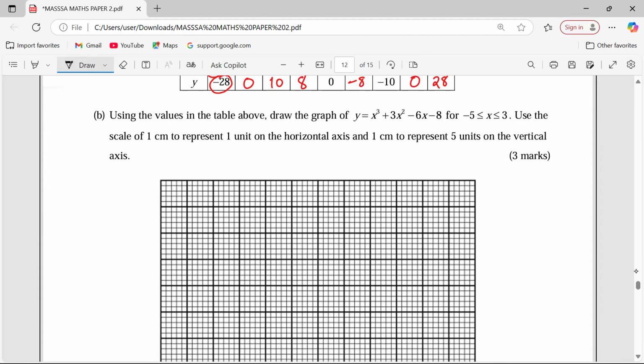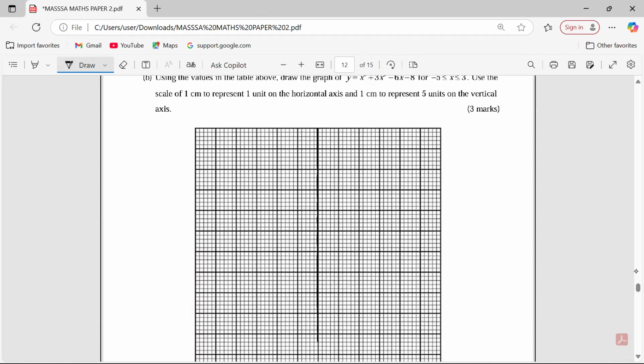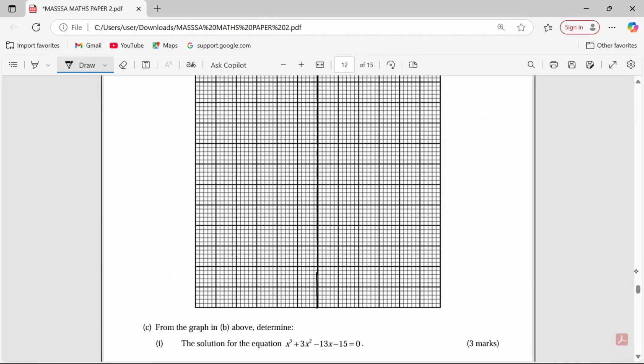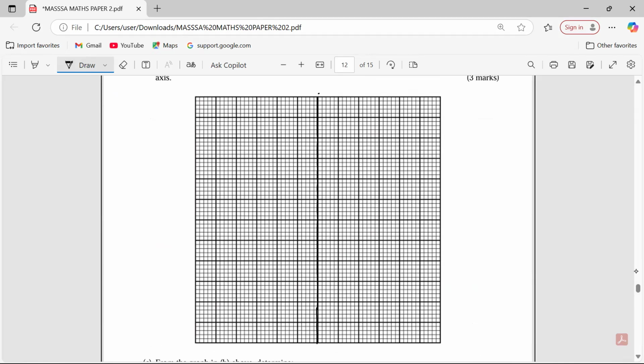So let me now start by plotting the axes. The y-axis here, then the x-axis somewhere at the middle, the horizontal axis.